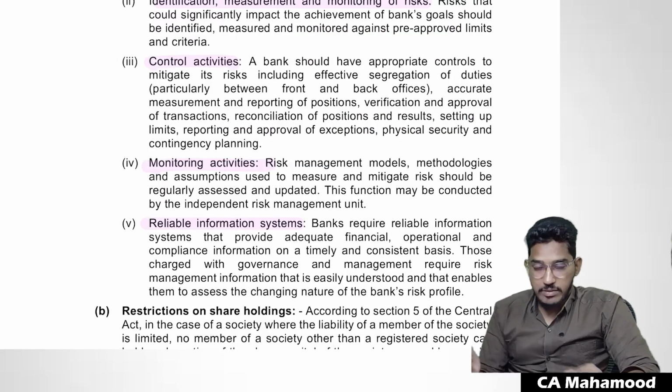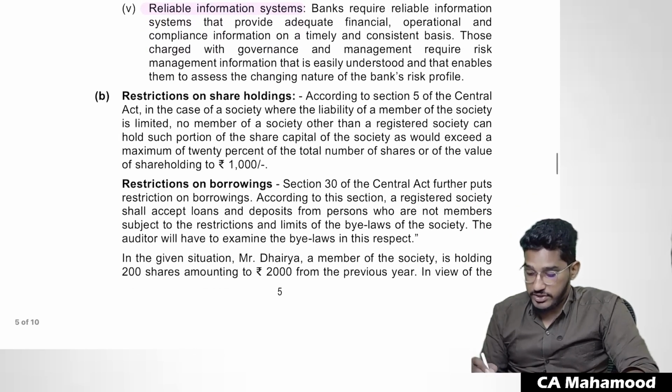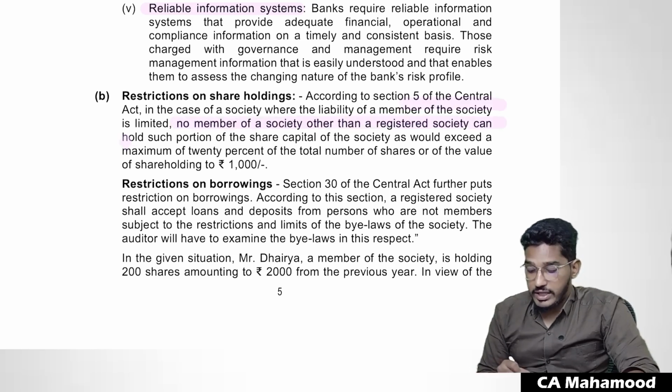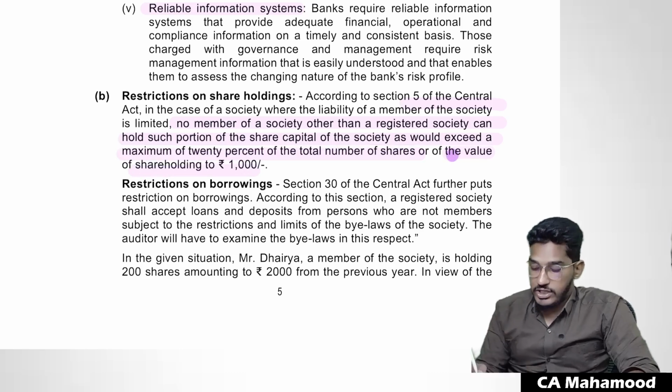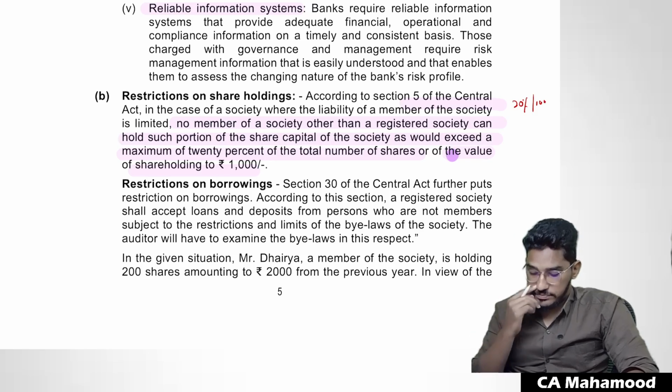Guys, can a member hold any amount of shares in the cooperative society? No, there is a restriction. What is that restriction? According to section 5 of the society, no member of a society other than a registered society can hold such portion of the share capital of the society as would exceed a maximum of 20% of the total number of shares or the value of the shareholding amounting to 1,000. Either 20% of the shares or value of 1,000, whichever is lower.